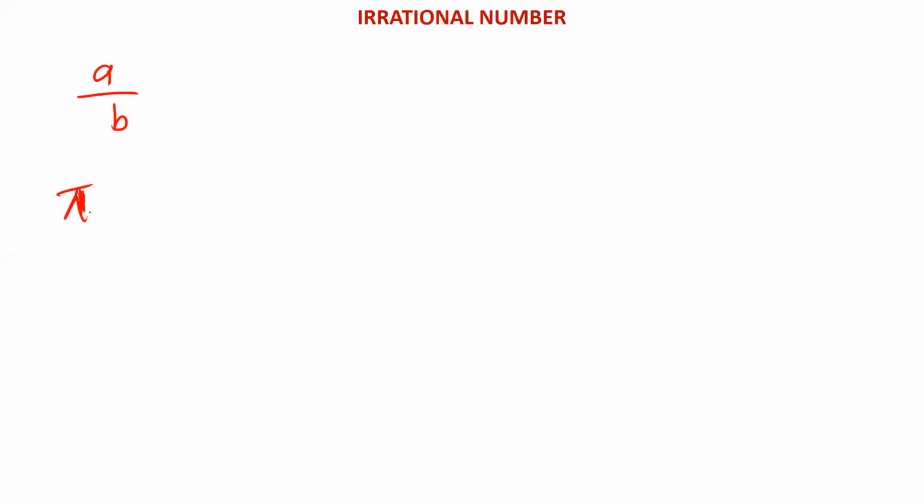And then we also have other numbers that are irrational, like the square root of 2, the square root of 3. Any square root of a non-perfect square number is called an irrational number.